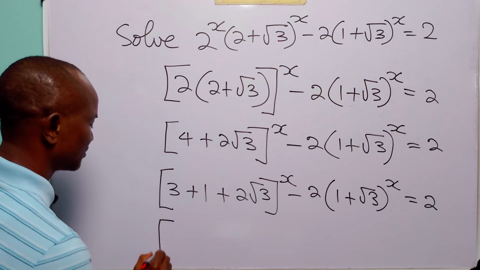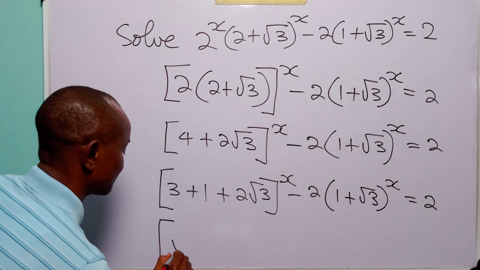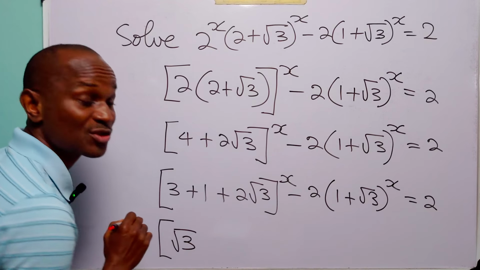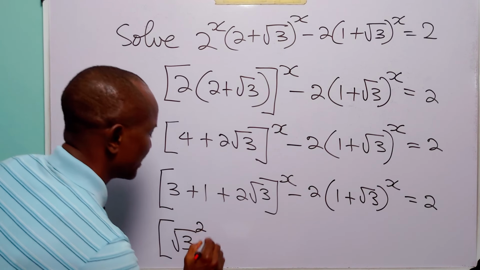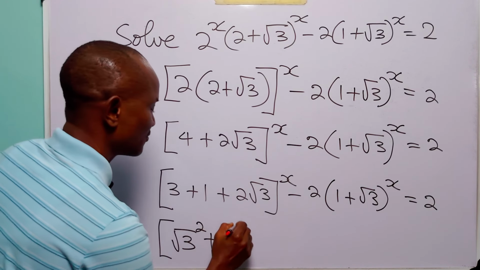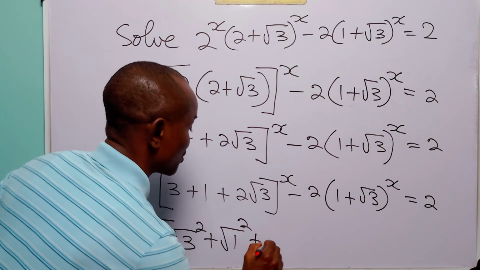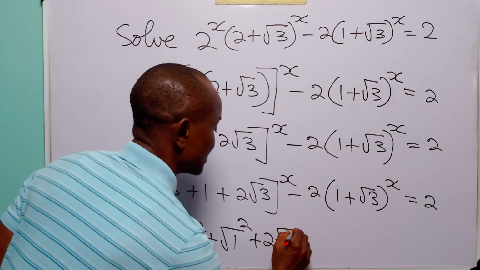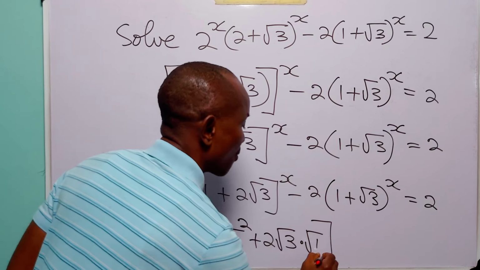Now, once more, you know that 3 can be written like so: the square root of 3 squared. And then we can do exactly the same thing to 1: the square root of 1 squared. And then here we have plus 2 times the square root of 3 multiplied by the square root of 1.